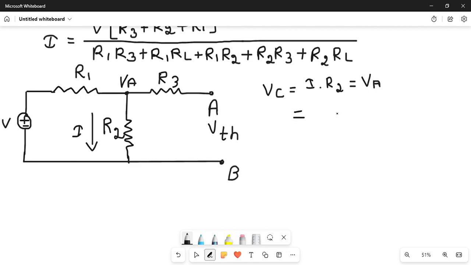So what is I now? I is nothing but V by R. So what is V by R? That is V divided by the two resistances, this is R1, this is R2.